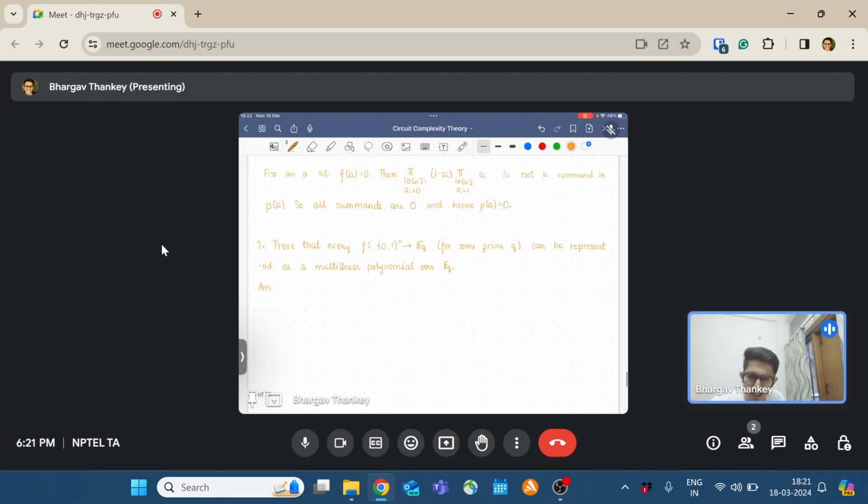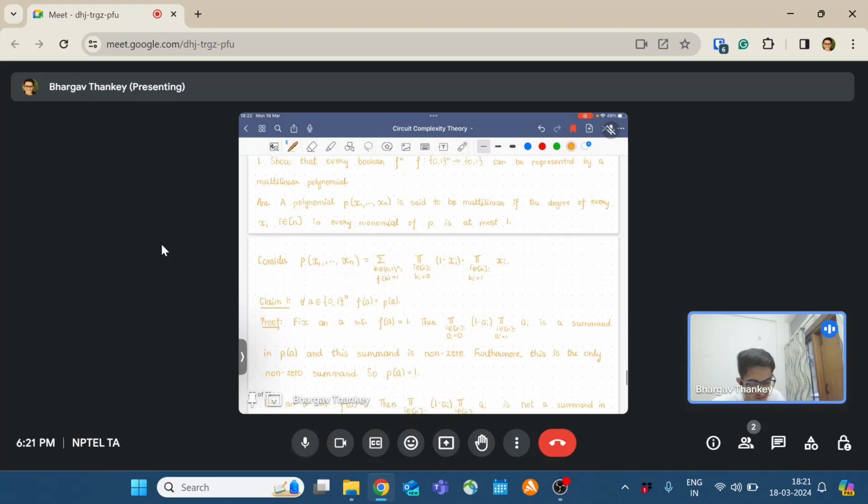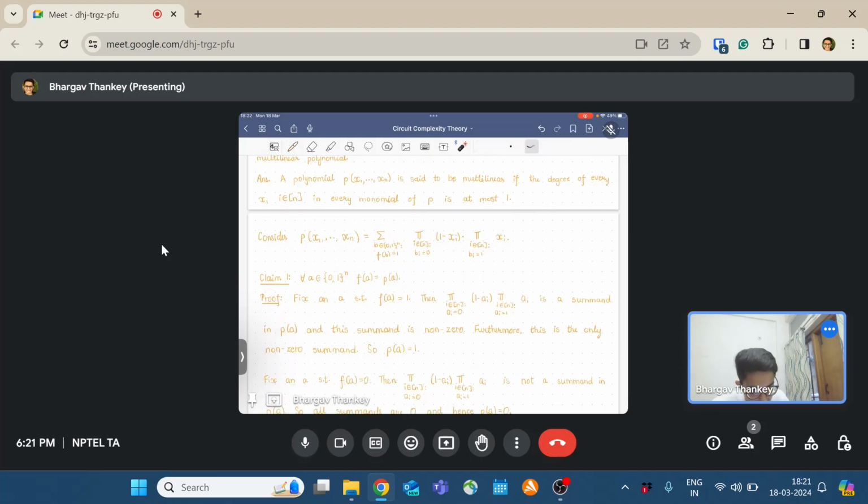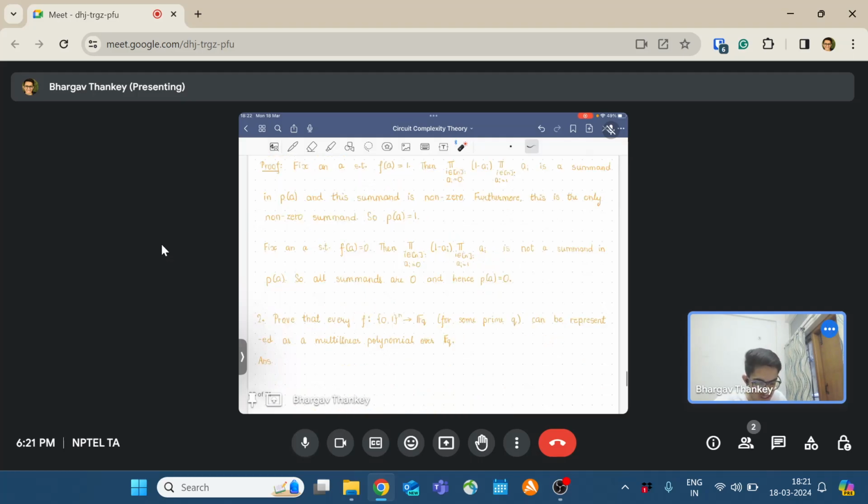Okay, so the construction would be analogous. If you look at this construction, you could have written this as the sum over b in {0,1}^n of f of b times this term, right? I was only doing this for f of b equals 1, but for f of b equals 0, this is 0 times something, which disappears, right?